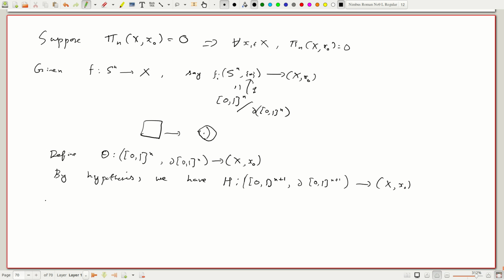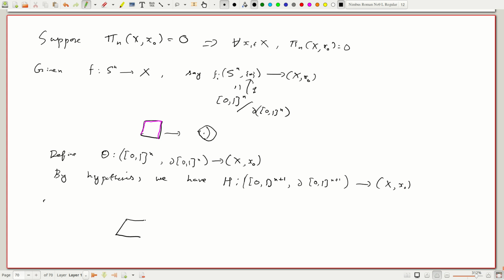Okay. So now extend. In the case of a square, it's easier to see. In the case of a cube, you'll need a bigger picture. If I quotient these entire three sides to a point in the square, what you get is still a disk. So if I draw a cube, you would see this in the case of a cube as well.